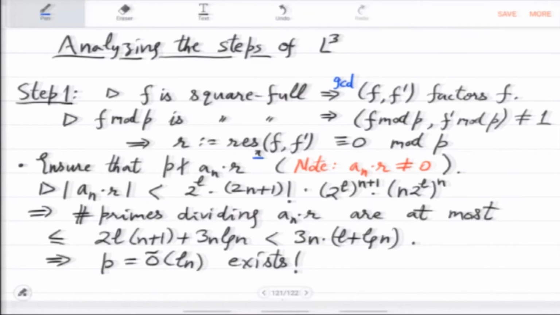Now let us move forward to step 2. So what happens in step 2? In step 2, you are just factoring f mod p.